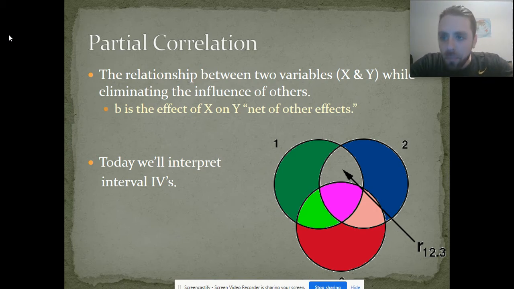So today, my goal is to help you understand interpretation of a regression table, because at this point, you are not able to do this by hand anymore. Let me put it this way, because granted, I've clearly been the type of teacher where, if I can make you do it by hand, I have done so. But let me put it this way.